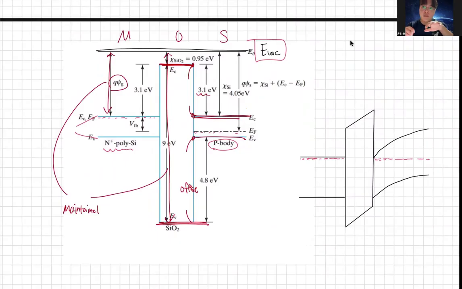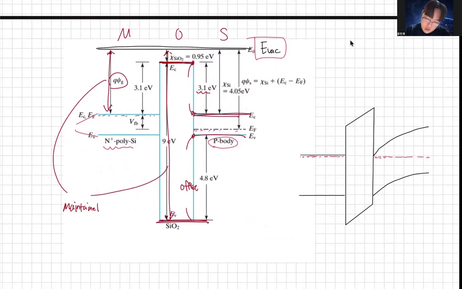The Fermi level in the n-type is drawn like this, because the polysilicon is heavily doped, so we draw it close to the conduction band.